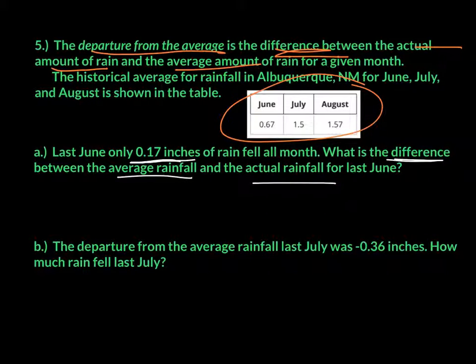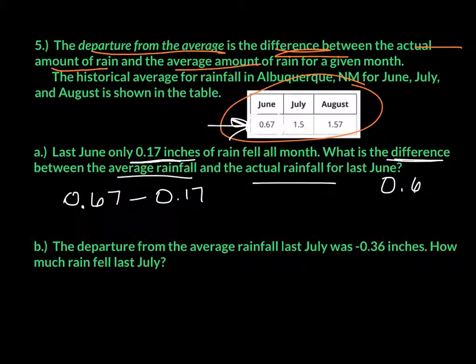So this is in June. Look here in June. In June, it was 0.67. That's what it usually is. So that's where I usually am. And it happened to only fall 0.17. So I have to find the difference. This is straight out. They're both positive. I'm subtracting. If you can't see that in your head, that's okay. Let's just bring it over here to the side.